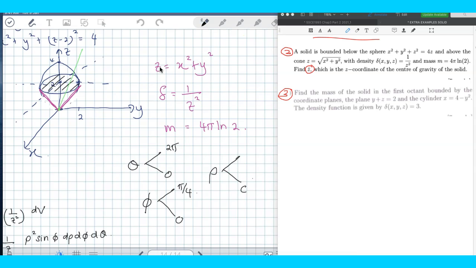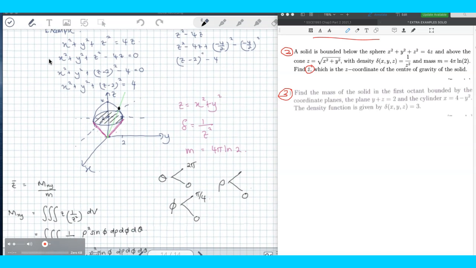But your upper bound of rho is not rho equal to 2 or rho equal to 4 because it is shifted. Remember, I told you if you have an ice cream cone-like surface and your ice cream comes from a sphere centered at the origin, then rho will be constant, but this one is not centered at the origin, it is shifted somewhere.